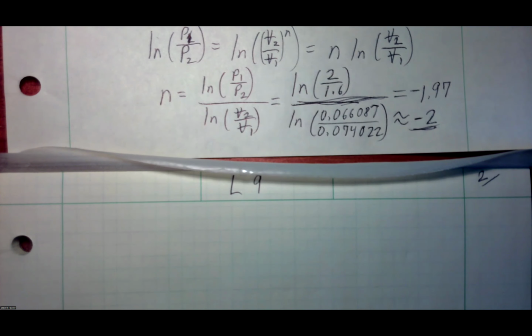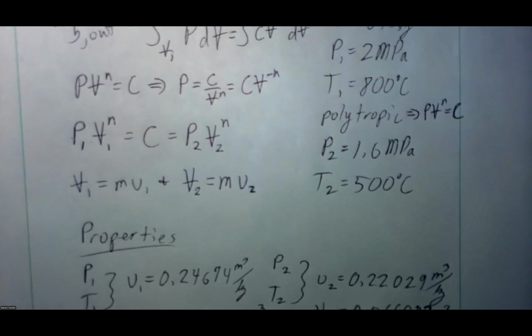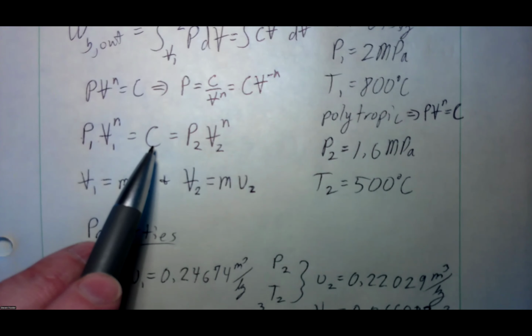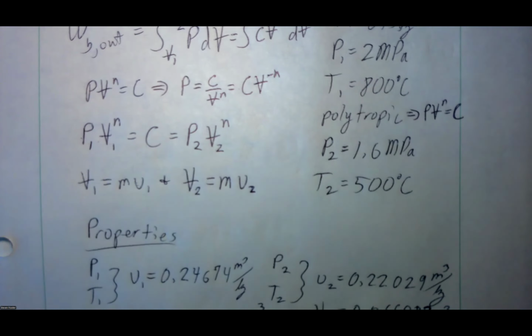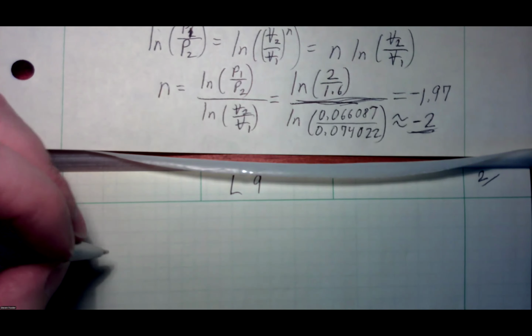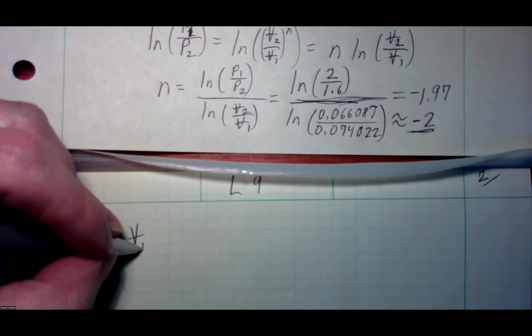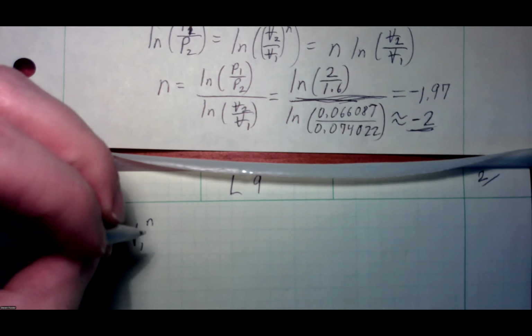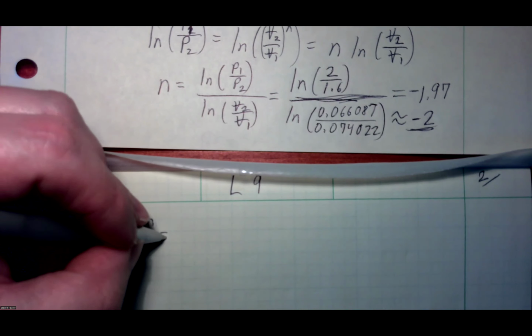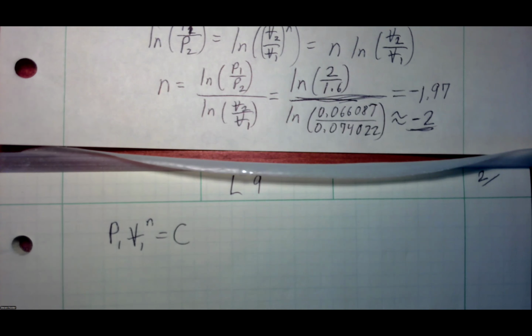Okay. Now what? Well, remember back here, I needed to find n and C. Well, I've got n. Now I need C. Okay, so I can do this. I can say P1 V1 to the power n, which we've agreed is about minus 2, is going to equal a constant value. I could also do it for state 2 if you like.